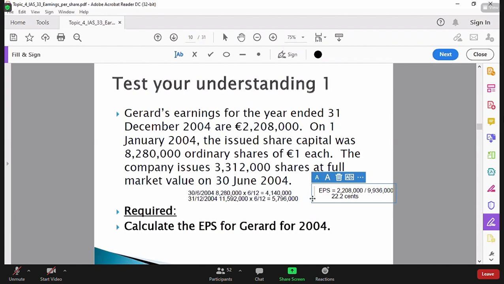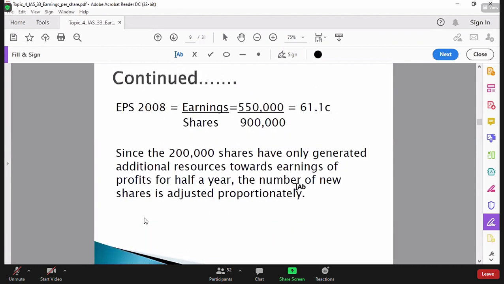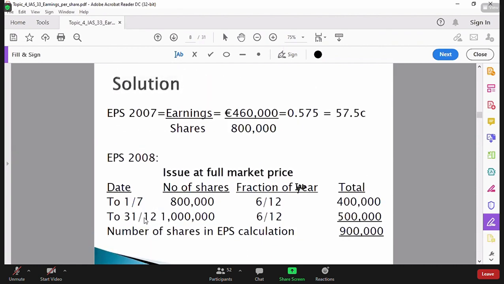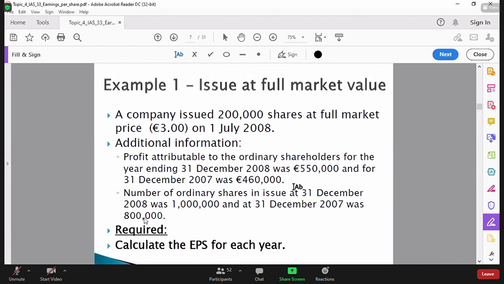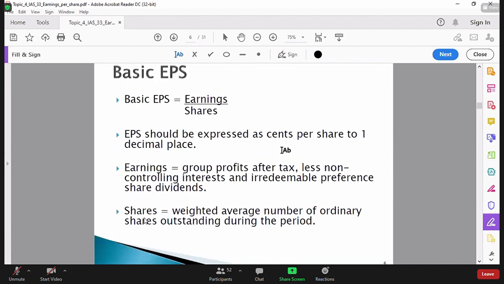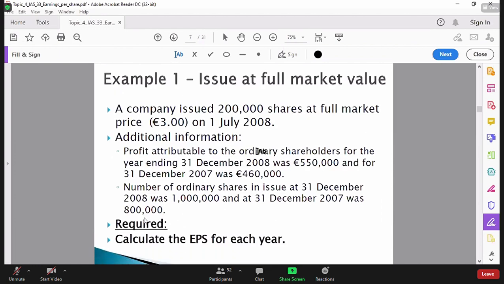Okay? And then it must be 1 decimal place. Do you get it? Do you get it, class? Because this is what the standard wants you to do. So if you go back here, you can see that this is what they mentioned on the EPS. They said that it should be expressed in cents, and it should be 1 decimal place.